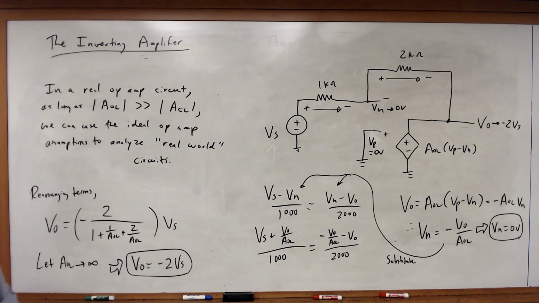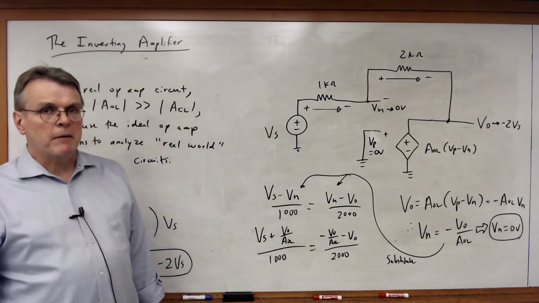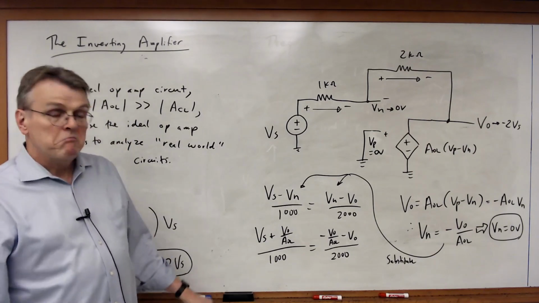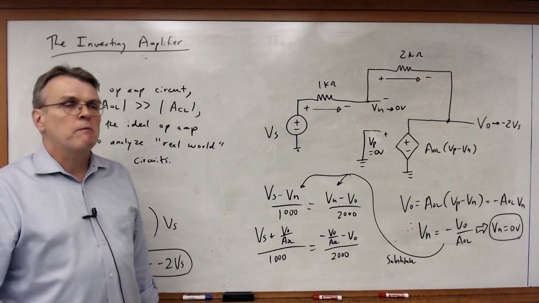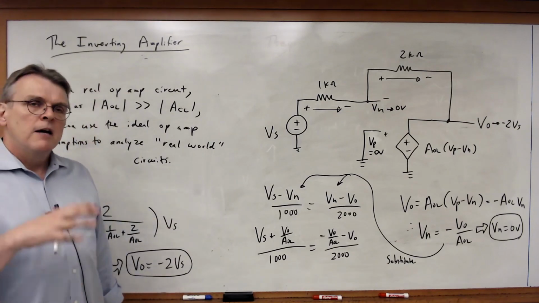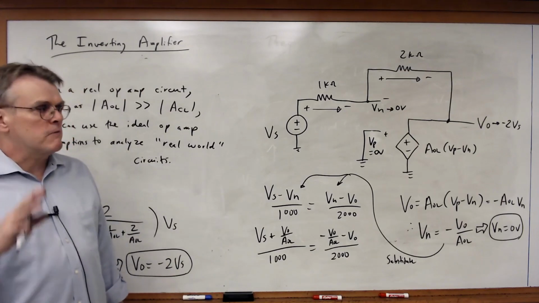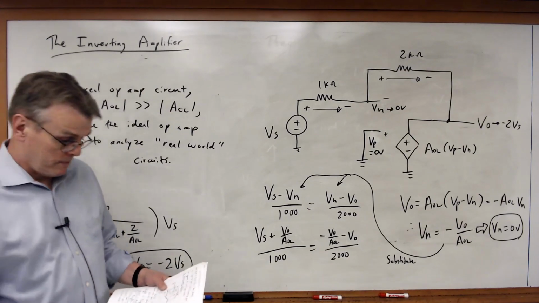For practical designs, making those assumptions only results in a very small error from the real world case. So that's why we're doing all of this ideal analysis, because the result will be close enough. The ideal assumption gets us very, very close to a real world answer.